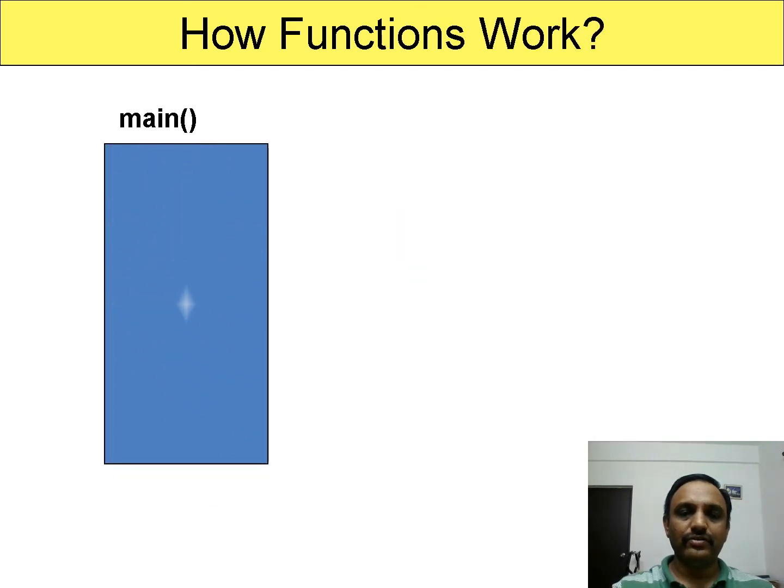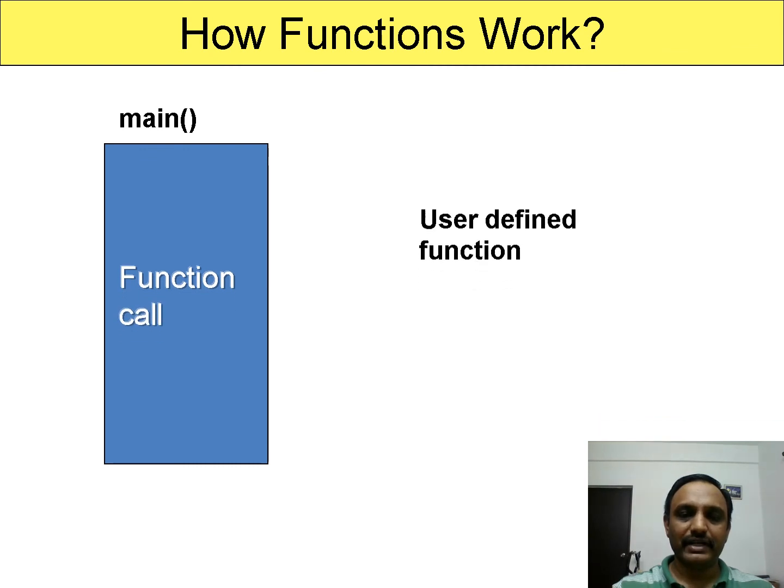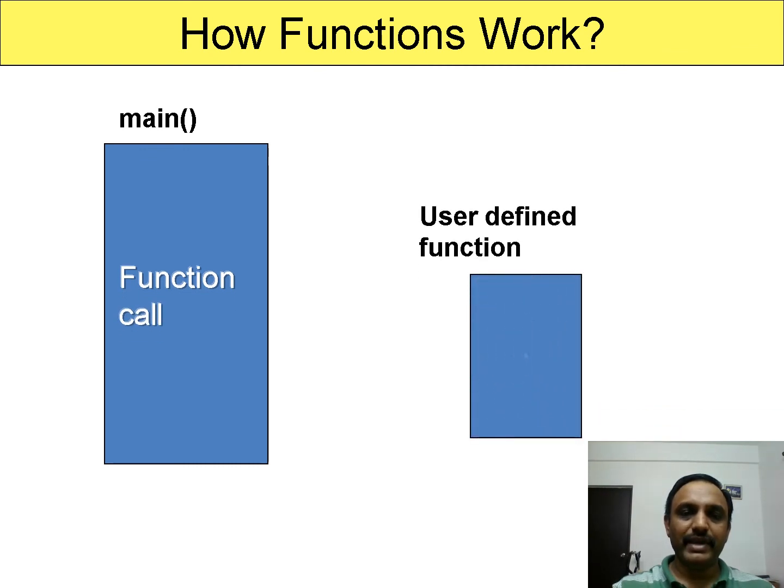See how this function works in a diagrammatic manner. From the main function, you are calling one function. Once you call, control goes to the user defined function. After execution of that particular user defined function, it returns control to the function calling place.